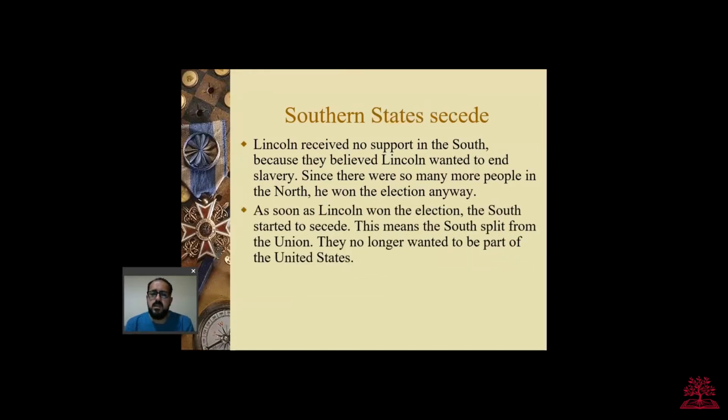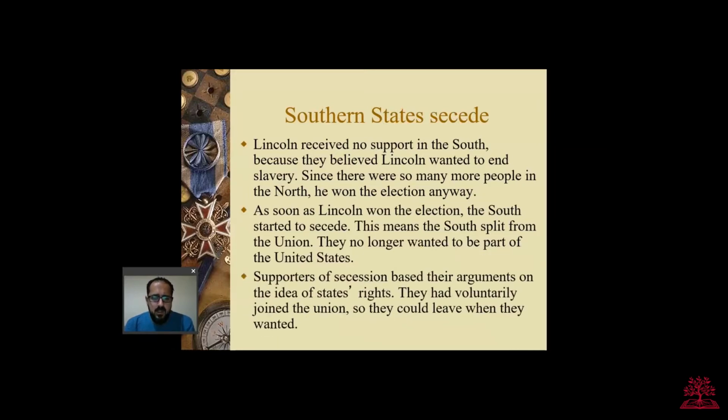As soon as Lincoln won the election, the South started to secede. This means that the South split from the Union. They no longer wanted to be a part of the United States. So it's the secession of the southern states. Supporters of secession based their arguments on the idea of states' rights.